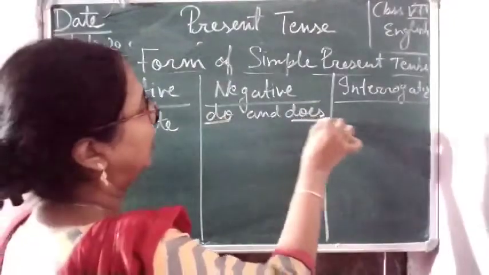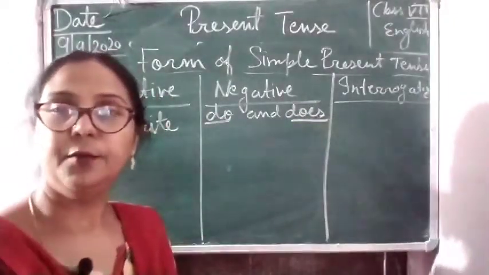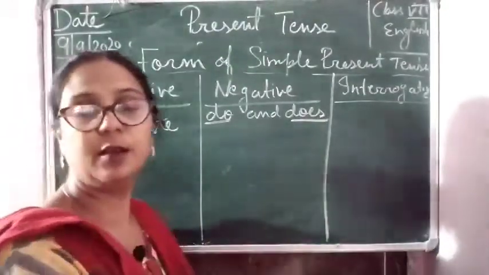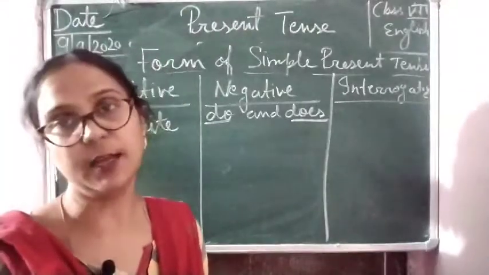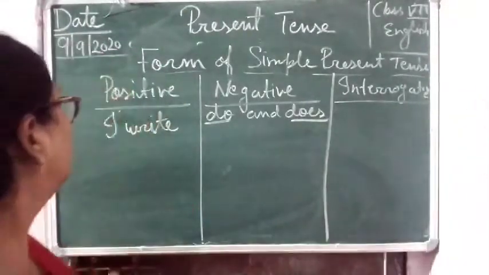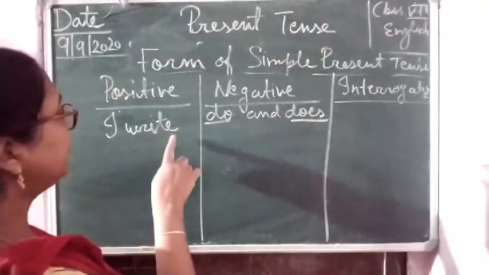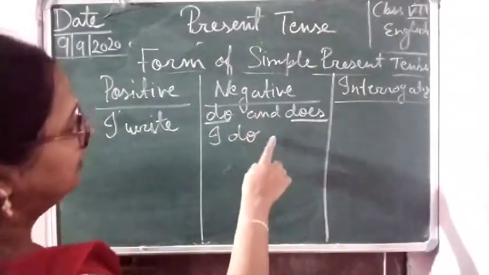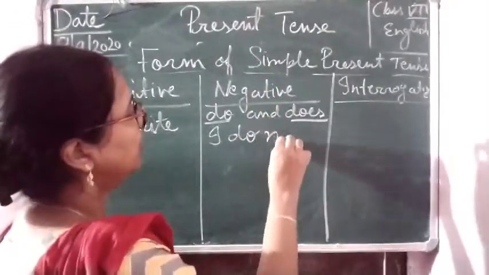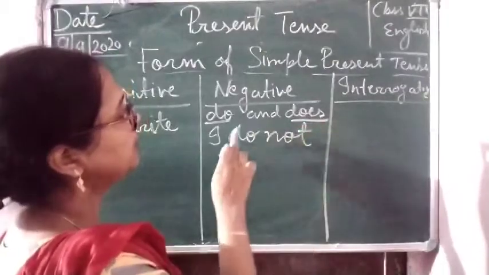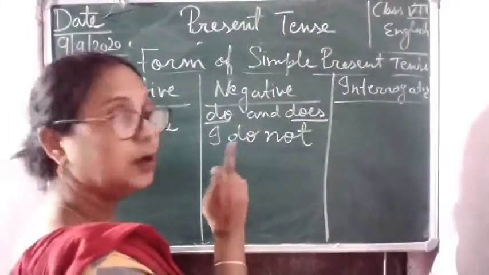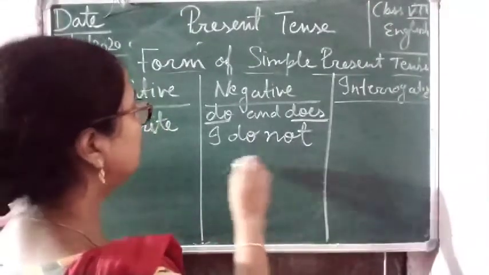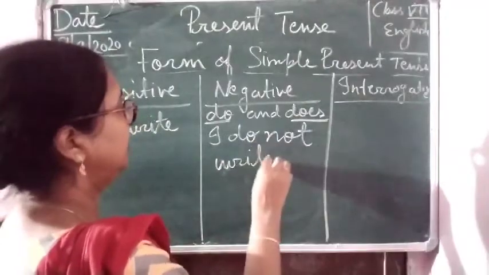With the plural, we use do, and with a singular subject, we write does. But here, if we are writing I write, so here it is I do. After do, we write not, because we are making a negative sentence in simple present tense. That is why: I do not write.